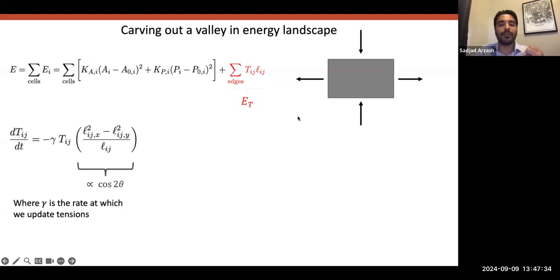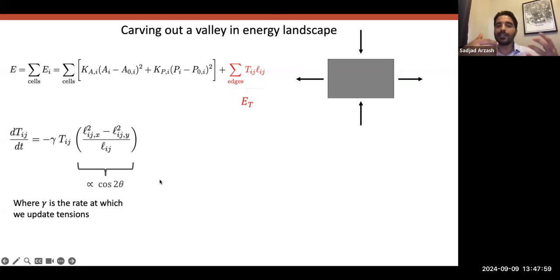To do that, what I did is take the gradients of this tensional energy on each edge with respect to the deformation. I would like to make this a soft direction. So I take the gradient with respect to that deformation and go down in that gradient locally for each edge.